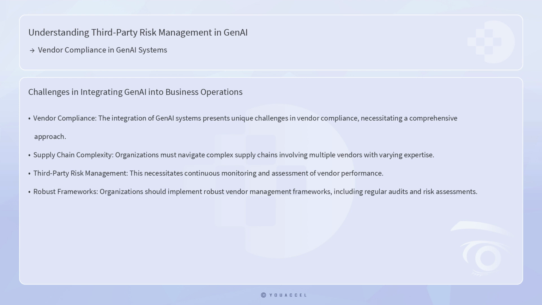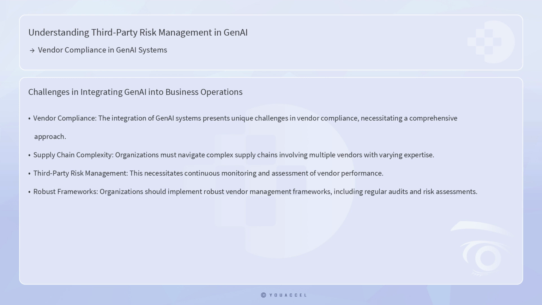The integration of GenAI systems into business operations presents unique challenges in vendor compliance. Organizations must navigate complex supply chains involving multiple vendors with varying levels of expertise and compliance capabilities. This necessitates a comprehensive approach to third-party risk management involving continuous monitoring and assessment of vendor performance.